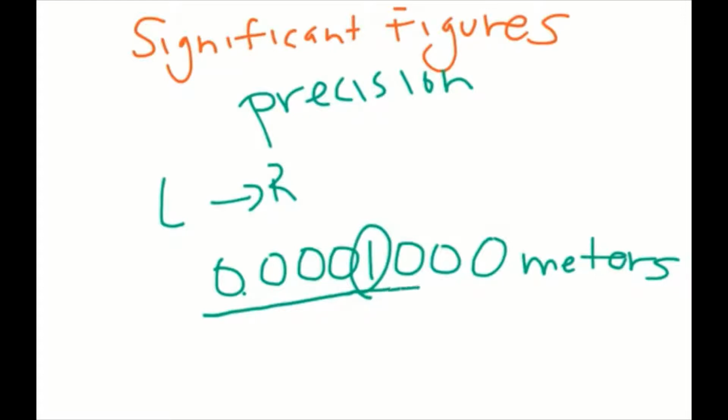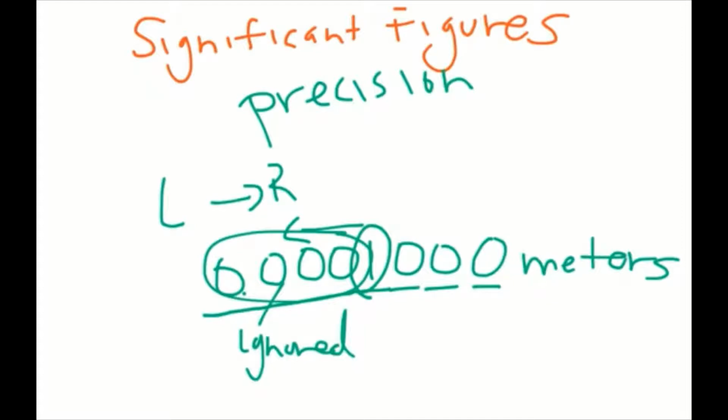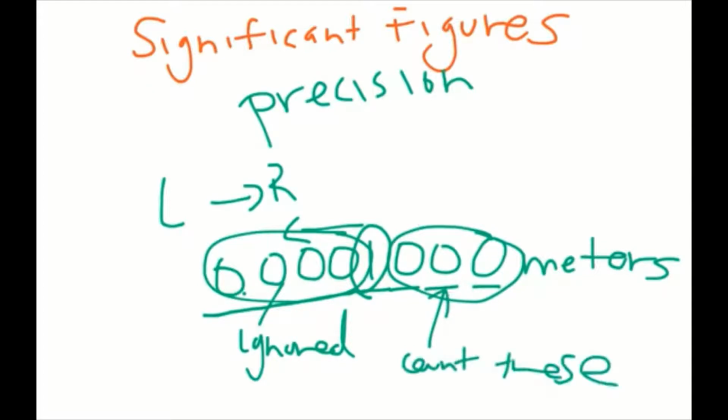1, 2, 3, 4. Okay, so for every 0 to the left of 1, we do not count. So these can be ignored. But we can count every 0 to the right of 1. So we're going to count these. And why do we count these?